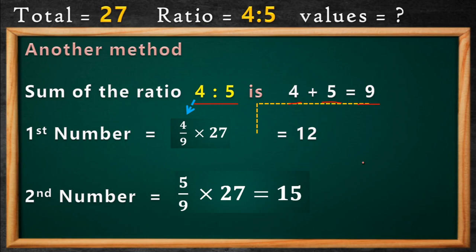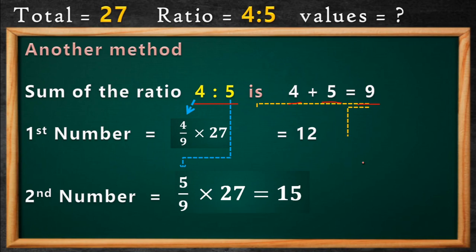Now the second number is the second part, that means the consequent, divided by the sum of the ratio, into the total.